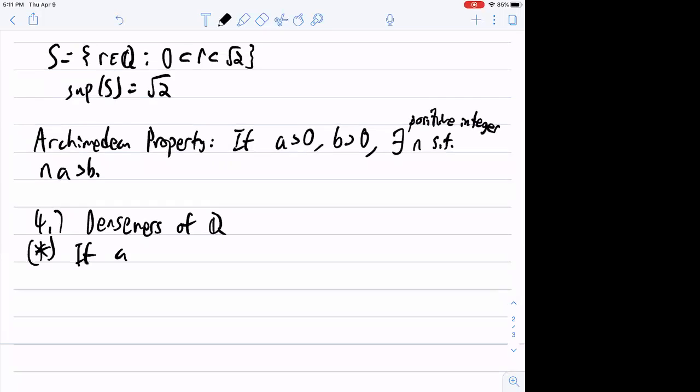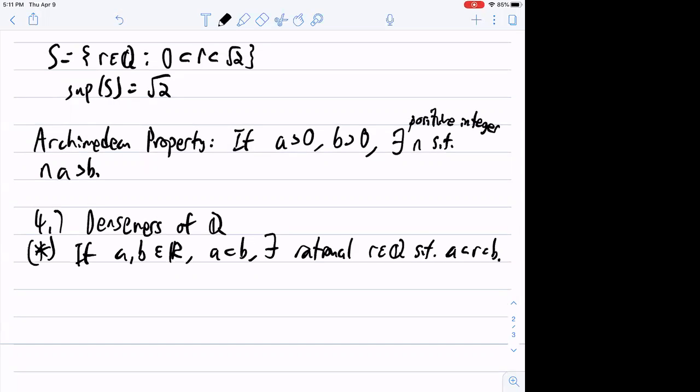If A and B are in R with A less than B, there exists a rational R in Q such that A is less than R is less than B. Hopefully you believe this. If I give you any two numbers, not equal, you can find a rational number between them. If you gave me 3 and 4, 3.5 would be a rational number between them.